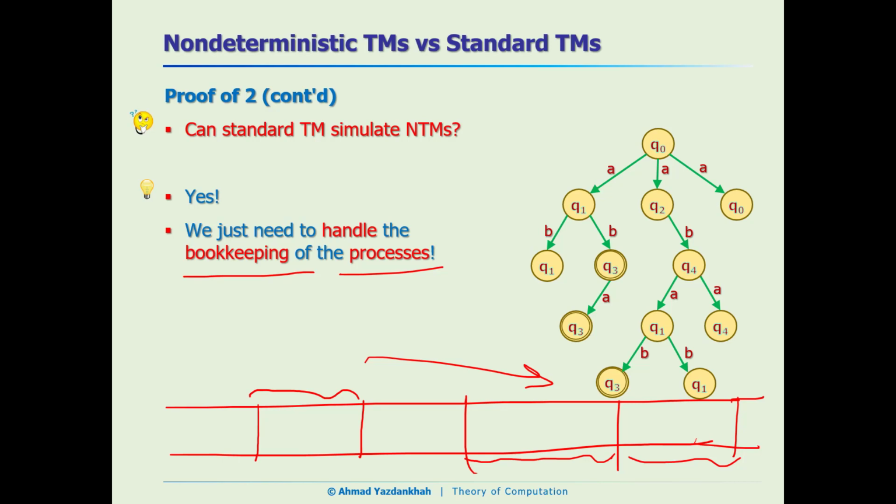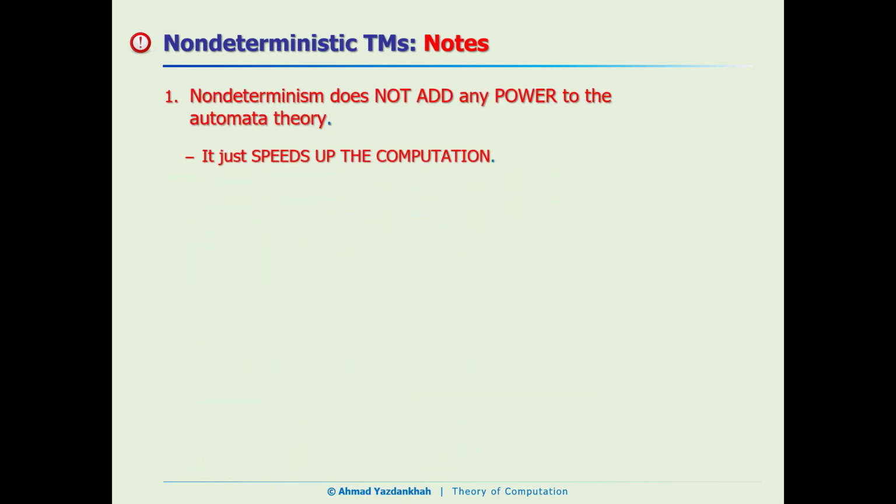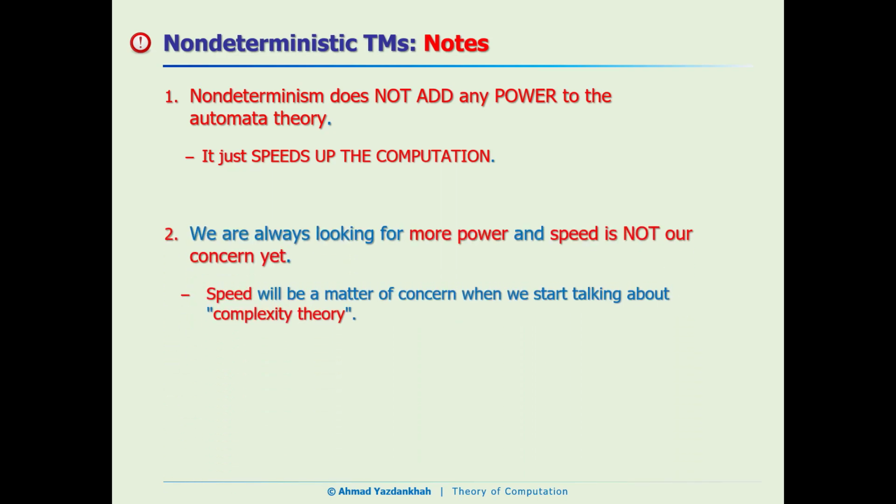All right, so you agree that non-determinism didn't add any power. It just speeds up the computation. And speed is not a deal for us. We don't mind about the speed.